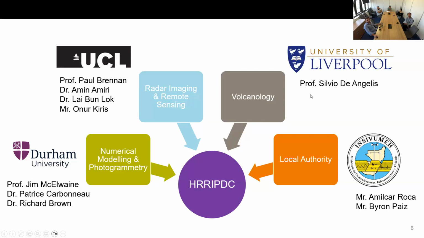Also, from University of Liverpool, we have another colleague, Sylvia, who is a volcanologist. And in addition, the local authority, INSIVUMEH, the Institute of Volcanology, Geology, Seismology and so on in Guatemala, kindly provides an engineer with us each time that we do our field trips.